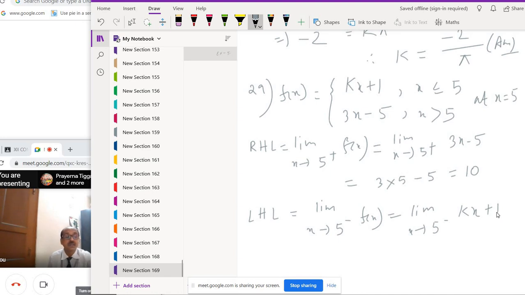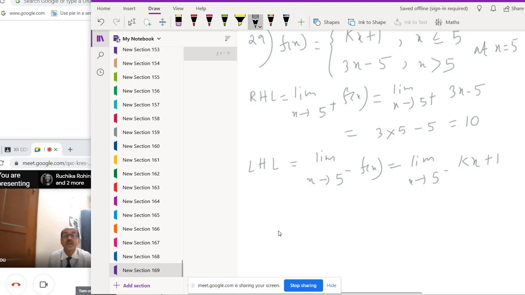Okay, so since f(x) is continuous at x equal to 5, the left hand limit equals the right hand limit.